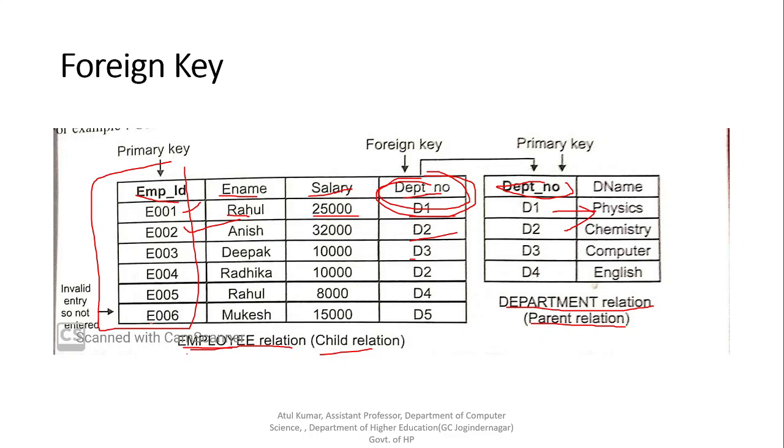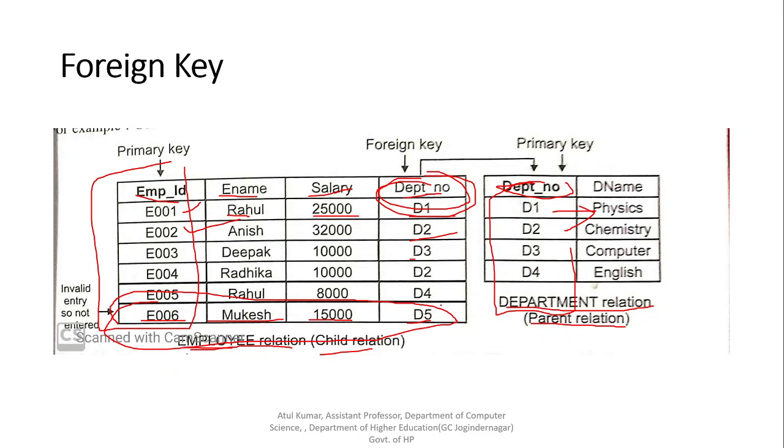If we look at E006, we have employee name Mukesh and salary 15,000, but the department here is D5, and this department number is not available in the primary relation, so this entry is invalid.